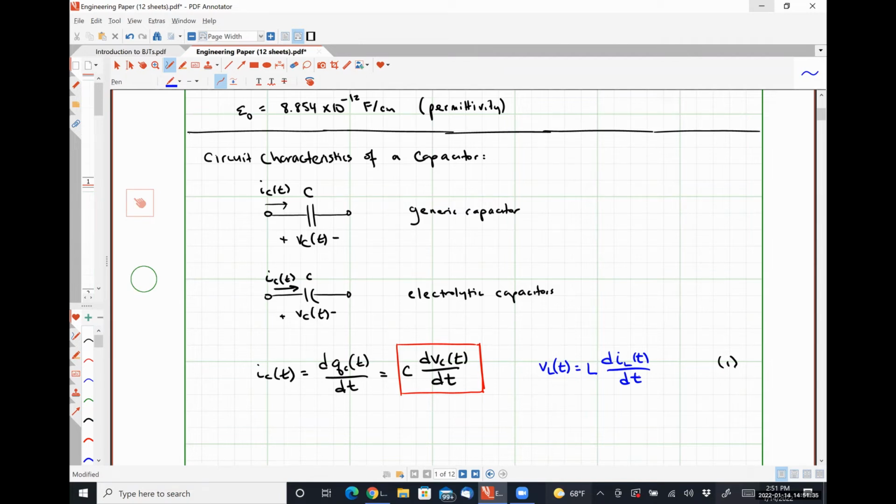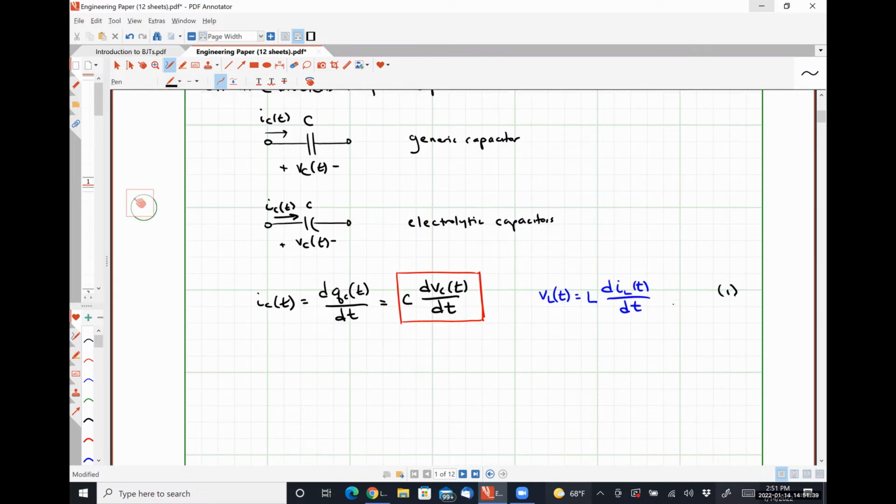All right. So for the derivative-based relationship for an inductor, we were able to come up with two observations. And we'll get two observations for the derivative-based relationships for our capacitor as well. Okay. So what was observation number one with inductors? Anybody remember?